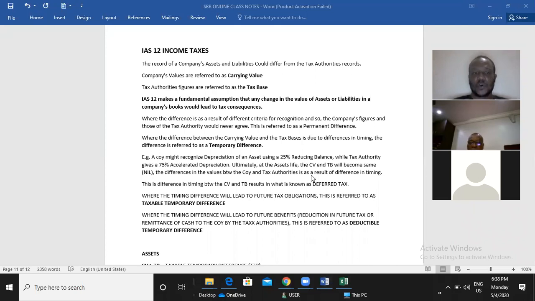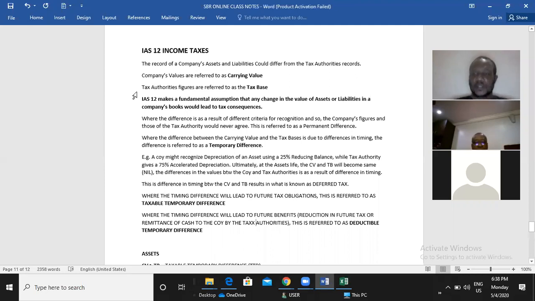Where the timing difference will lead to future tax obligations, this is referred to as a taxable temporary difference. On the other hand, where the timing difference will lead to tax benefits or reduction in future tax remittances, the temporary difference is referred to as a deductible temporary difference.